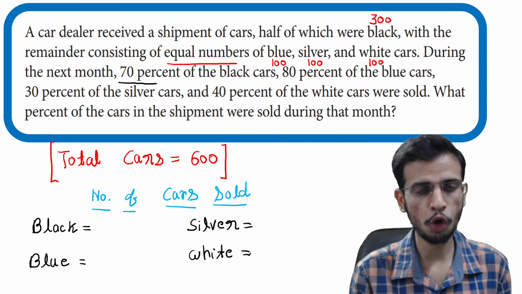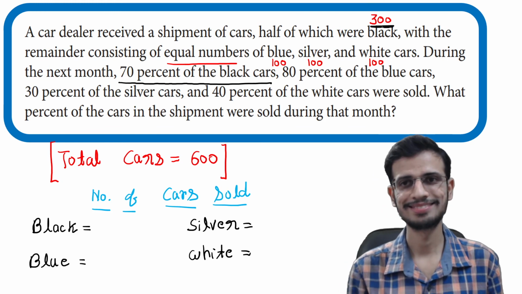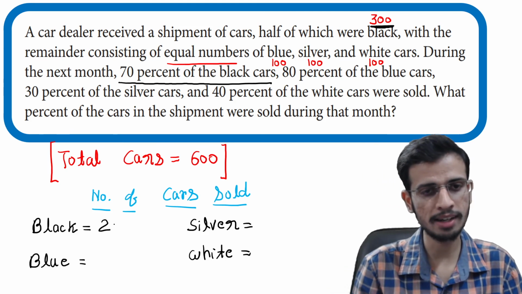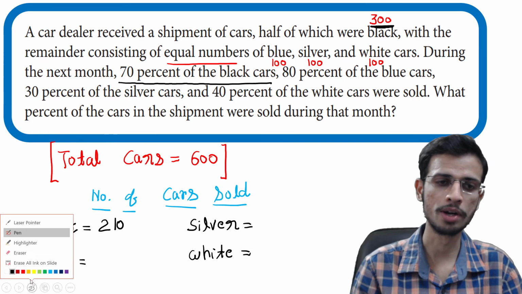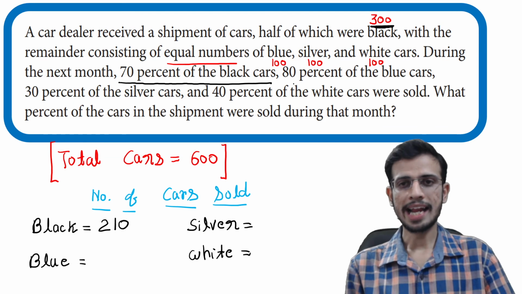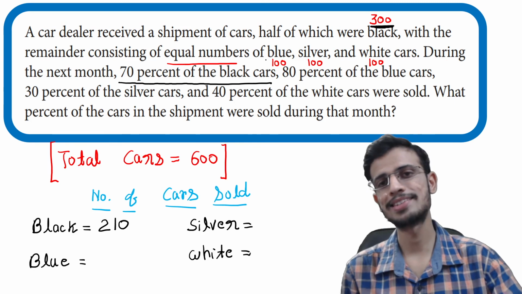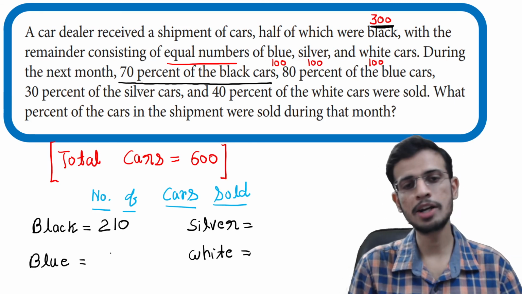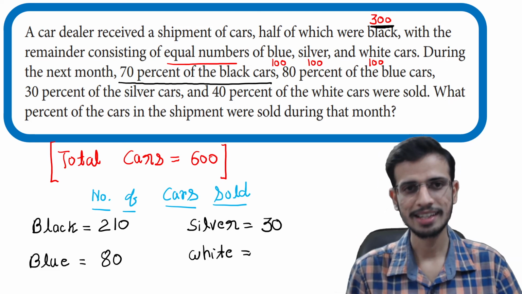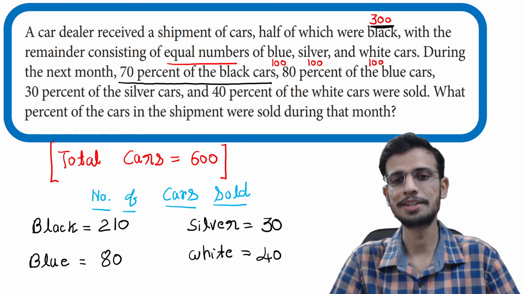Okay, 70% of black cars sold. What is 70% of 300? 300 into 70 divided by 100. That will be 210 black cars out of 300 cars get sold, right? 80% of blue cars. So we have assumed number of blue cars is 100, right? So 80% of 100 will become 80 itself. 30% of silver cars, so it will become 30, and 40% of white cars, 40.